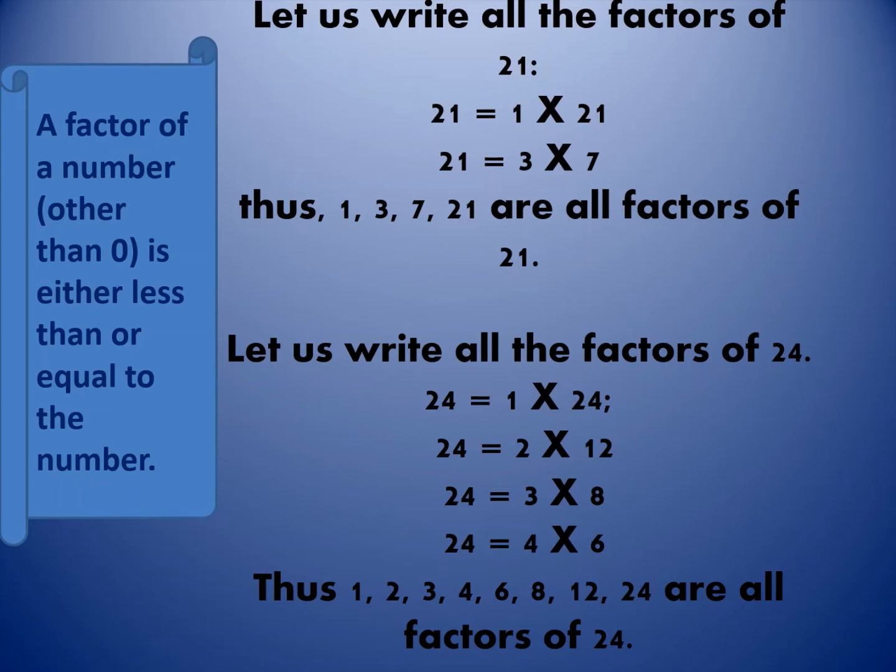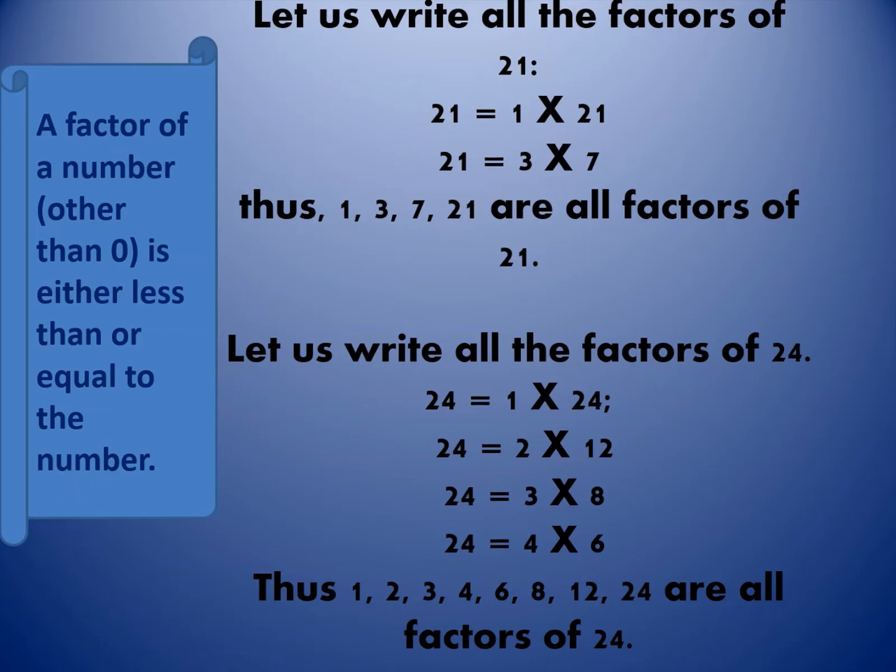Another example: let us write all the factors of 24. So let us start thinking from number 1. 24 is equal to 1 multiply 24. Then we shall take 2. Yes, 2 multiply 12.